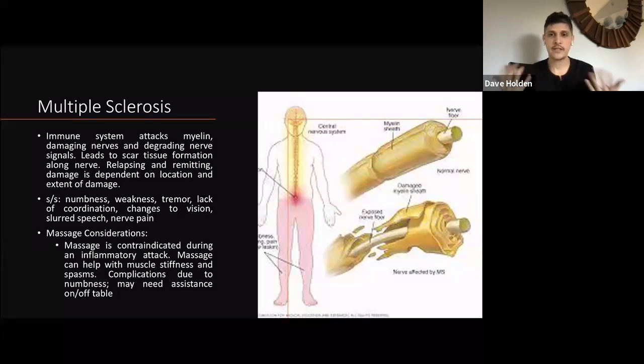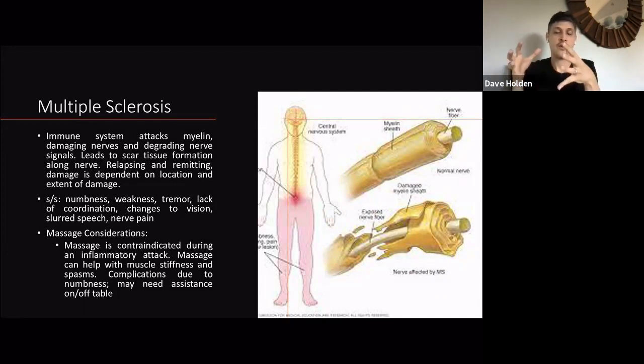So if you think about what kinds of things are going to happen when the nerves are under attack, numbness, weakness in the muscles because they're not getting a strong enough signal to contract, muscle tremors where they're getting weird infrequent signals to contract, so they just kind of twitch around. Changes to vision. This happens for a lot of different reasons, either the nerves to the eye or the nerves to the muscles moving the eye.